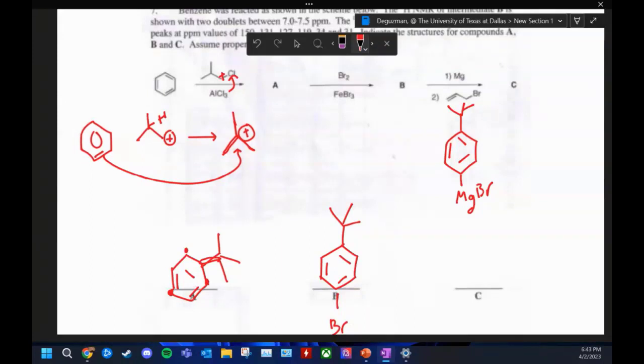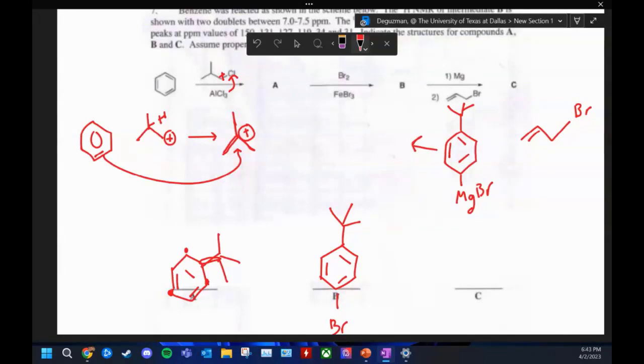Okay. Second step, now we have this alkene with that bromine. Now, whenever you see Grignard, I usually think of it as the R group that it's attached to. The carbon will have a somewhat negative charge.